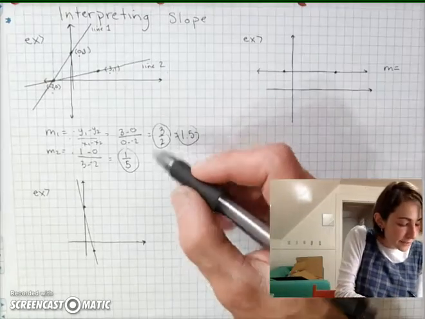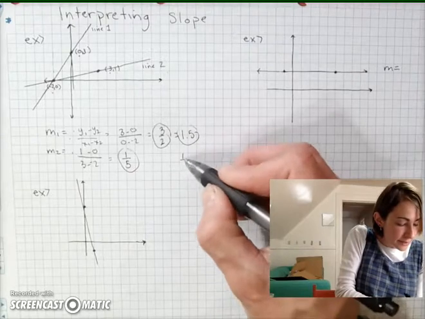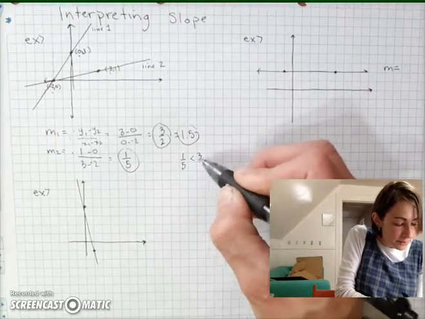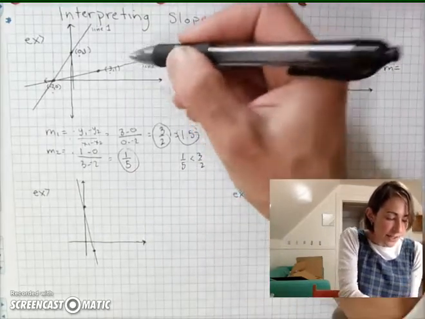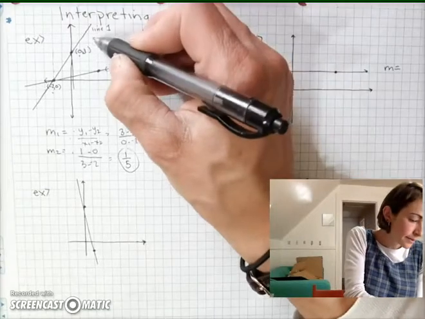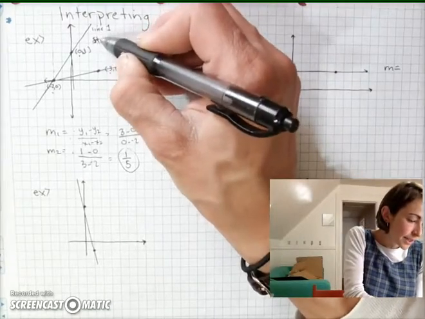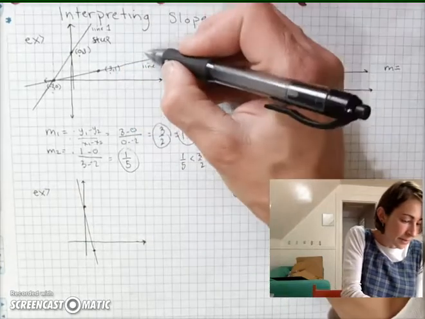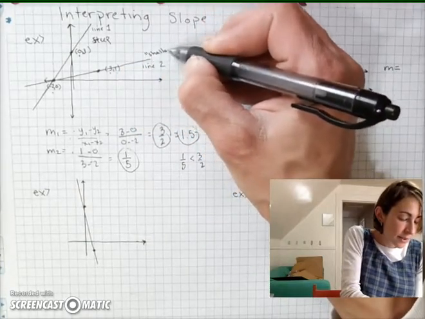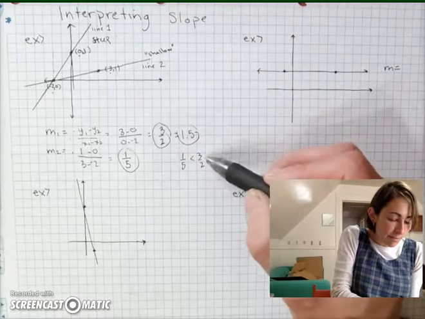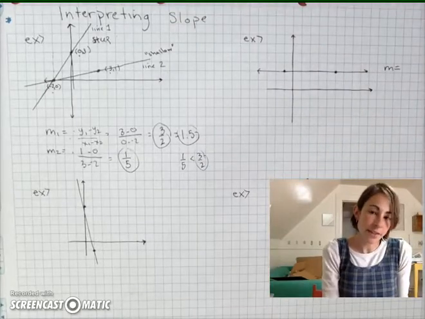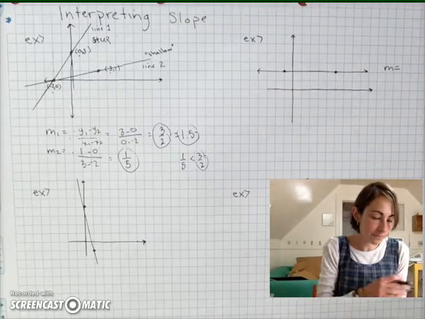So our observation is that steeper lines, this one is steep, and this one we'll call shallow, steeper lines have bigger slopes. That's our first observation about slopes.